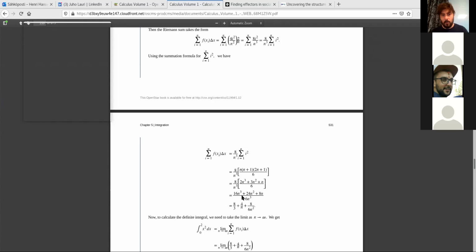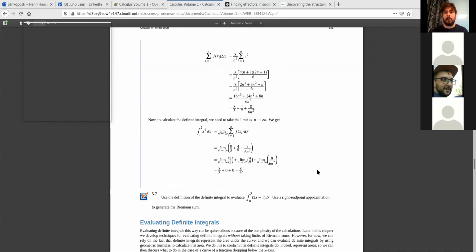divided by 6. When we make this into a neater form, this Riemann sum at the given n will be 8 over 3 plus 4 over n plus 8 over 6n squared.